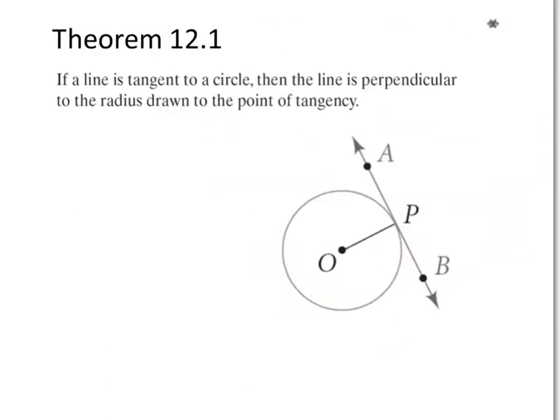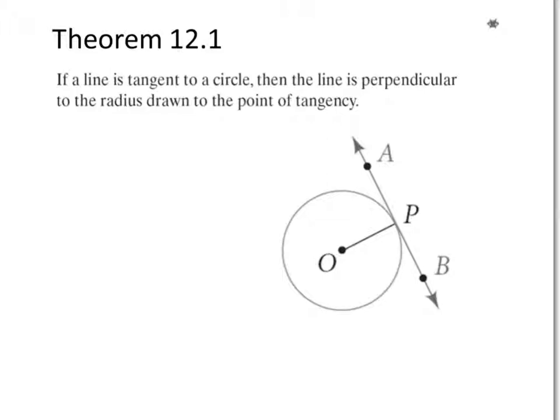Now with tangents, you have quite a few theorems that go along with circles. First theorem, called 12.1, and again, we don't care about the number. It says this: if a line is tangent to a circle, then the line is perpendicular to the radius drawn at the point of tangency.